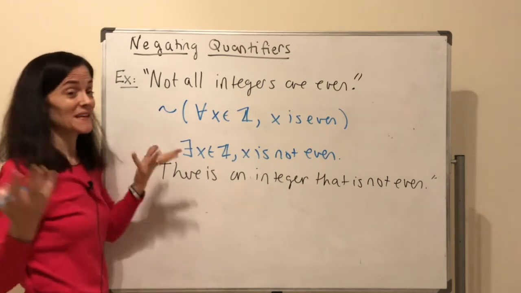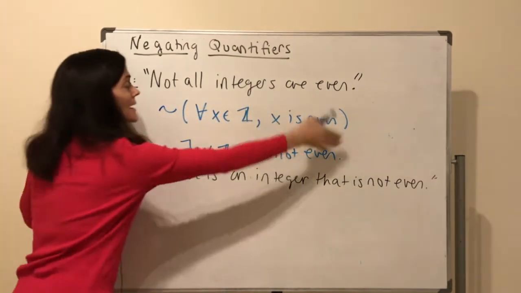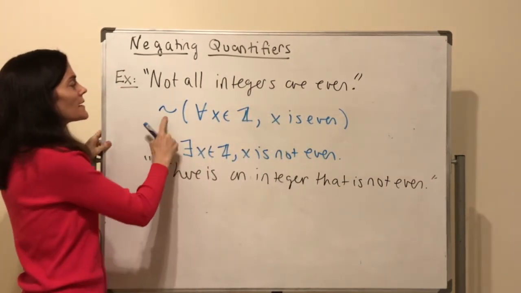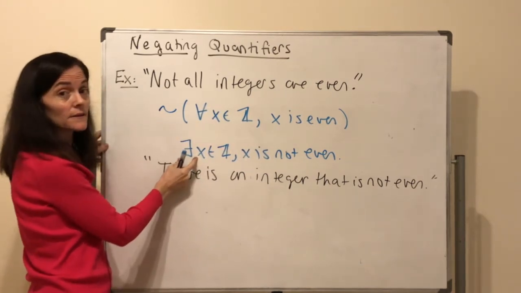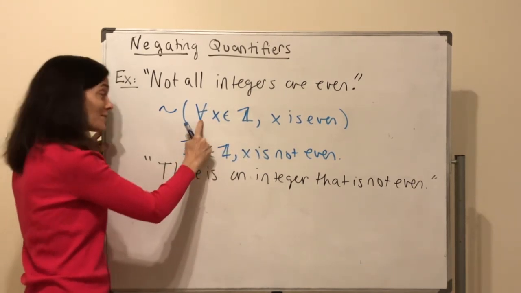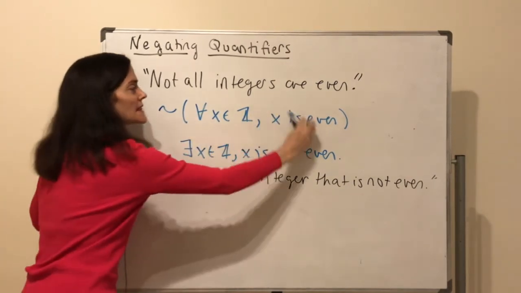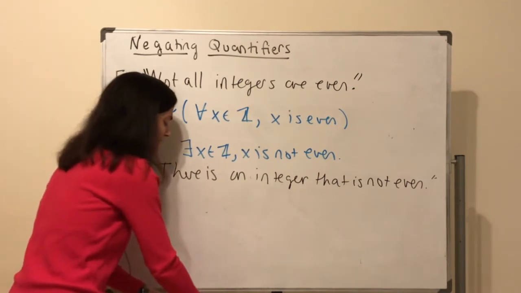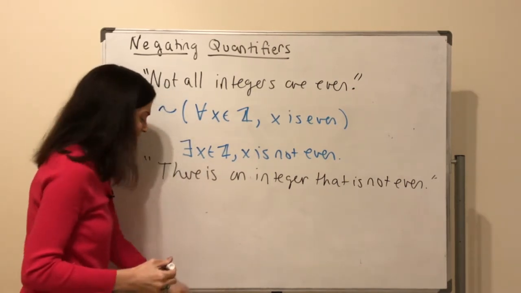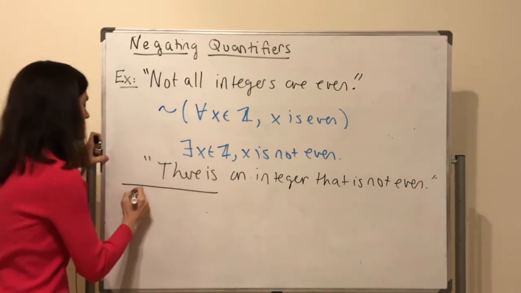Well, what did we realize here? I had a negation outside of a quantifier, and as I move it in, the quantifier turns to the other one. So if you negate for all, it turns to there exists, and then the expression is negated. So let me write down what I just said. Negating quantifiers goes like this.